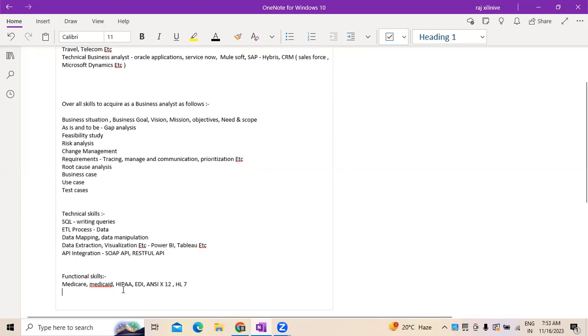Next, if you are from investment banking related work, IPOs and the trade life cycle.